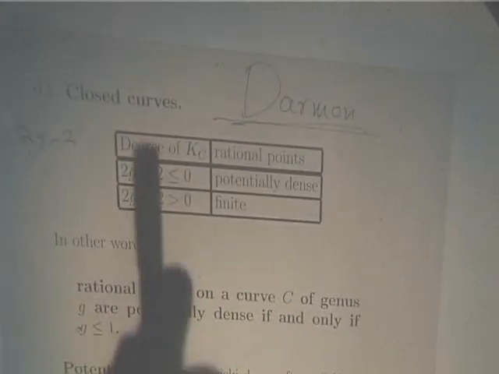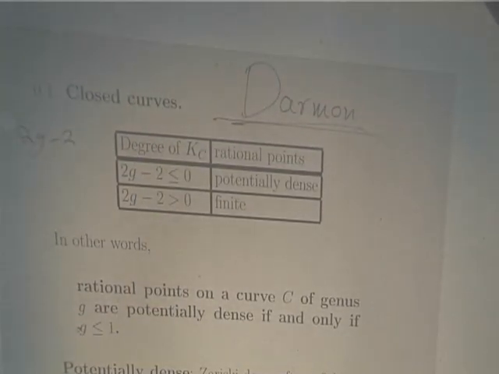So if I look at algebraic curves whose 2g minus 2 is non-positive, this means curves of genus 0 and curves of genus 1. If I take such a curve over a number field, well, it might have no points at all, but I know that that's an accident: if I extend the field, I remove some of this ambiguity that is so interesting and so important for people like Darmon.